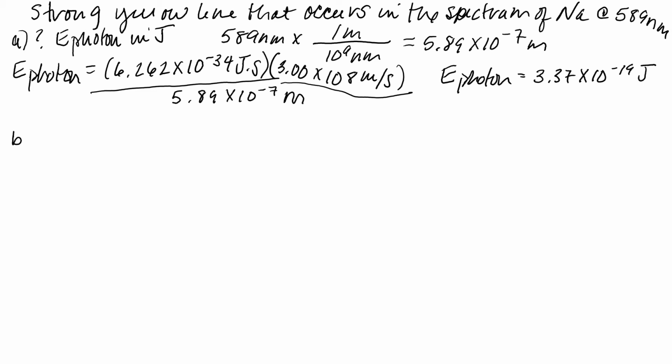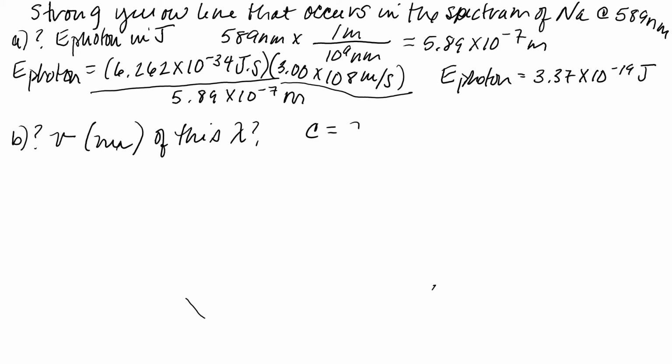Okay. Second question, what is the frequency of this wavelength, or nu? We know, of course, that c equals lambda times frequency, so we can use this equation to solve for frequency.